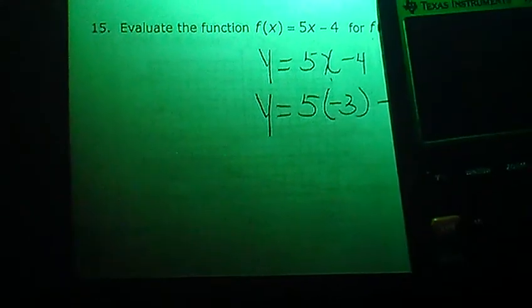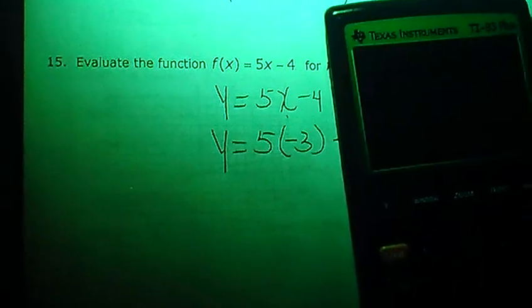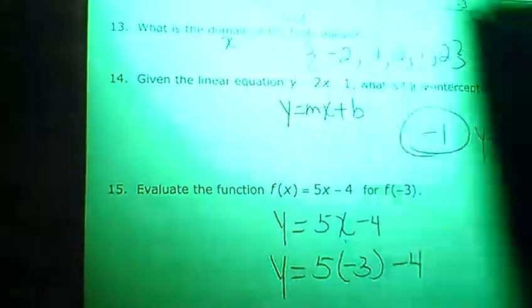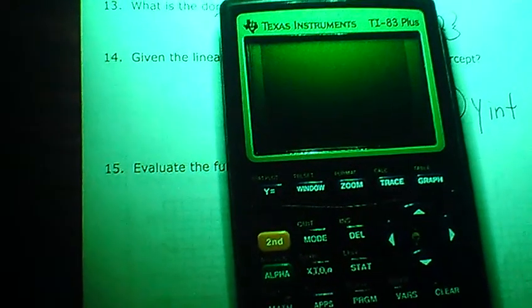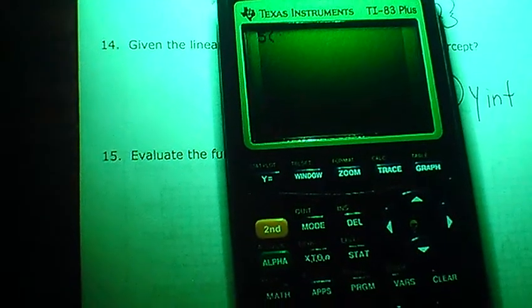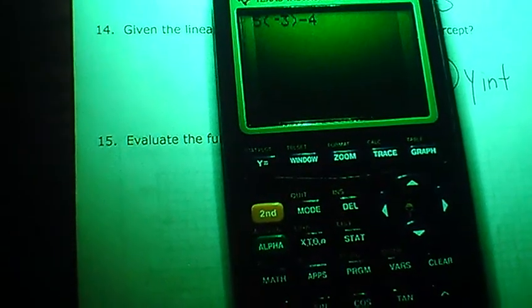You can either do that by hand, or you can go to your calculator. Let me clear that out. I would type everything in at one time. So that would be 5 times -3 minus 4, or subtract 4, and press enter.